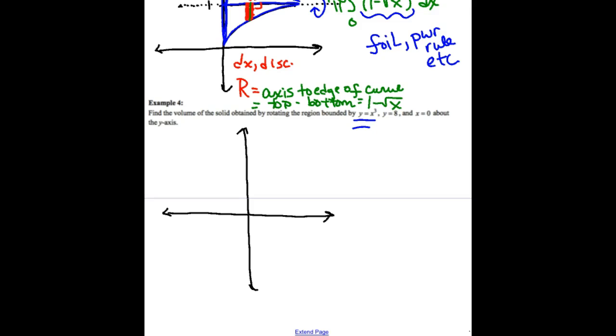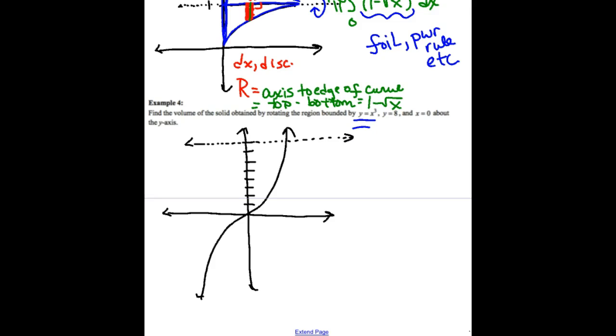So your cubic curve goes like this. And then it's also bound by y equals 8, which is a horizontal line up at 8. So 1, 2, 3, 4, 5, 6, 7, 8. And I would draw that in there.